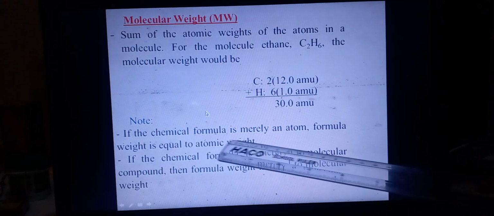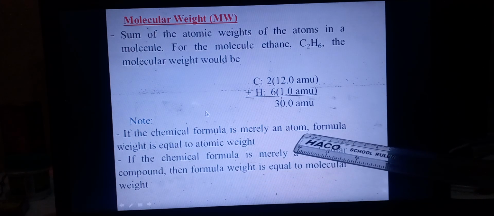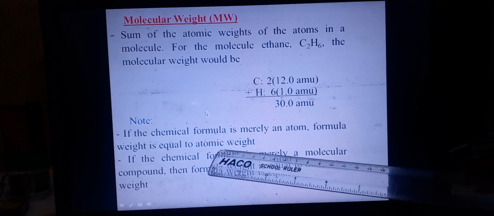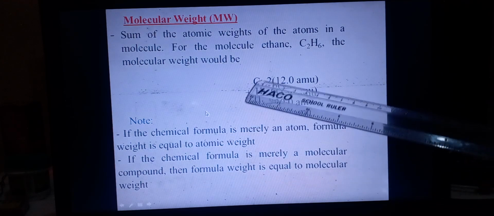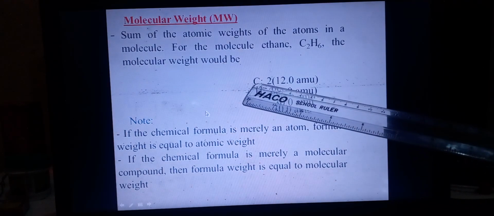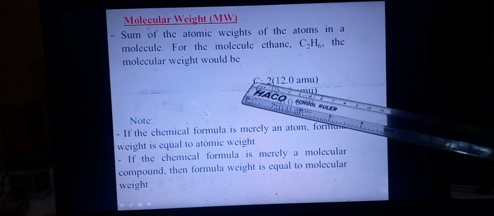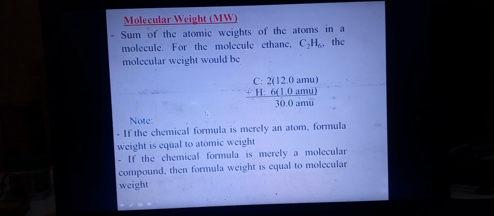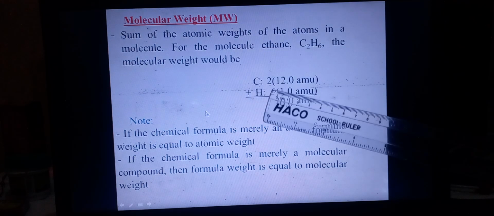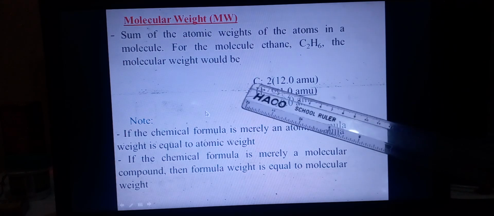So if the chemical formula is merely an atom, formula weight is equal to the atomic weight. For example, if you are given carbon as an element and they want you to work out the formula weight, the formula weight in that case will be the same as the atomic mass of carbon, which is 12.